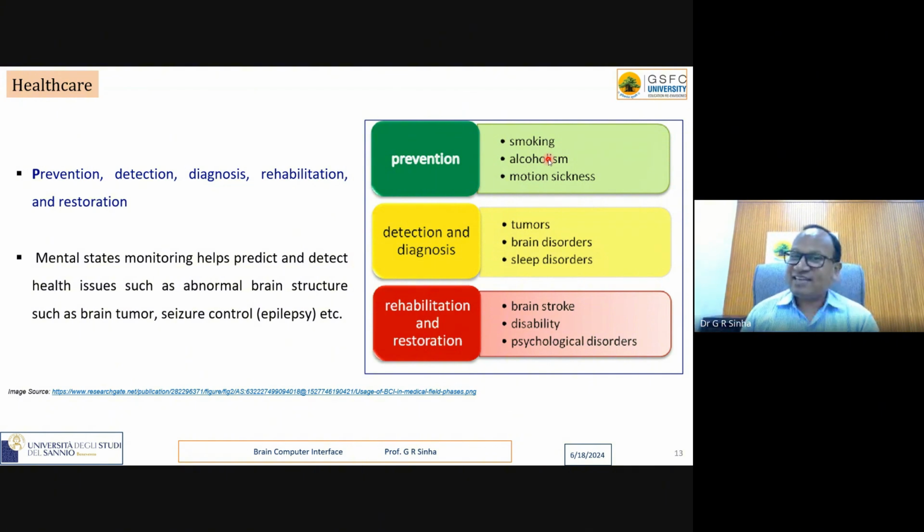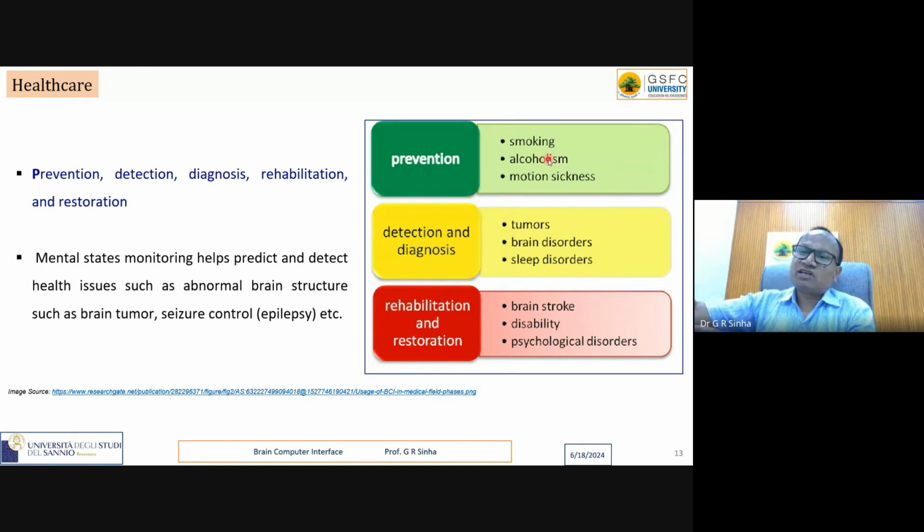You can say that those who are smokers have a higher amount of stress. I'm not saying this is true. You can say the stress is higher, anxiety level is higher, and computational ability is becoming lower in chain smokers.